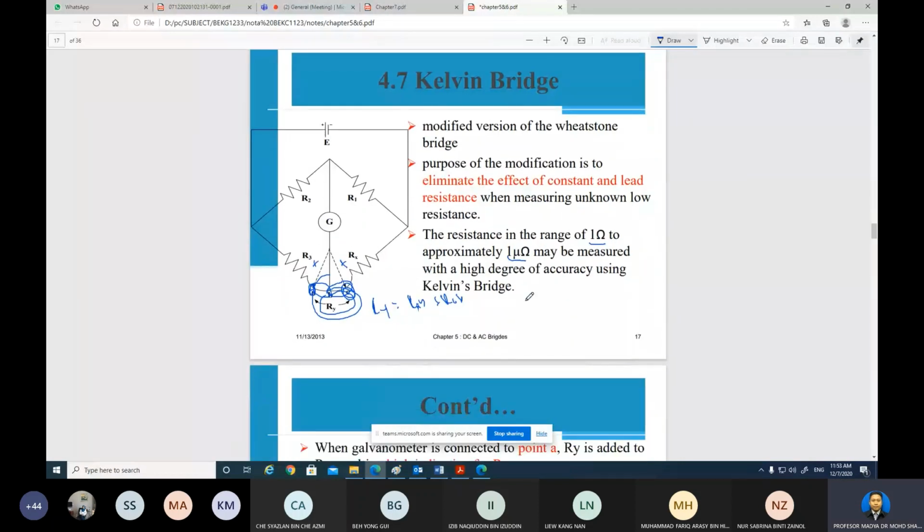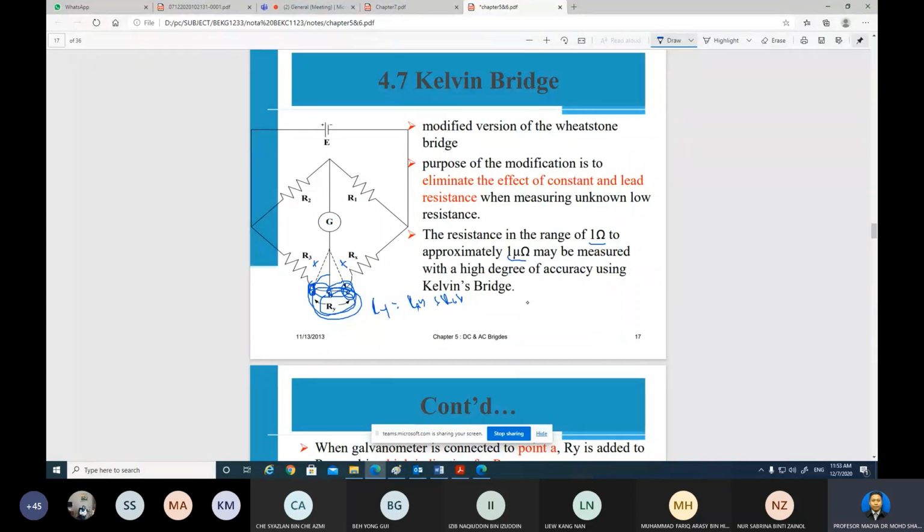I will explain the Kelvin bridge again. The next bridge for DC is the Kelvin bridge. As I mentioned before, the function of the Kelvin bridge is to measure low resistors. The Kelvin bridge is similar to the Wheatstone bridge, but we have to modify it. The difference is this part, the Ry here.